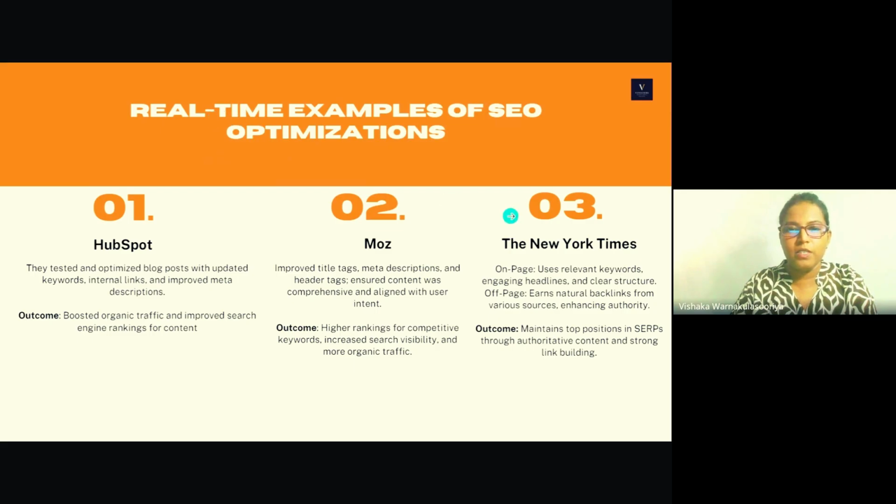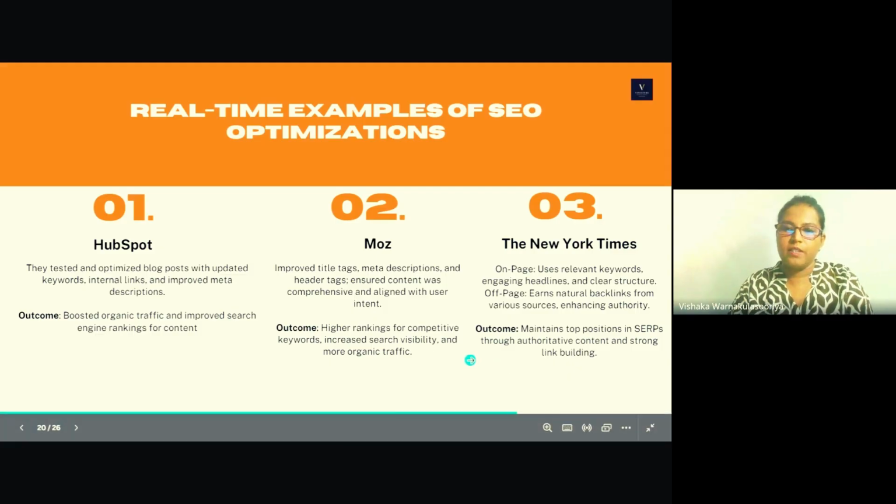Most improved their title tags, meta descriptions, and header tags, and ensured that content is up to date and comprehensive, aligned with the visitors' intentions. So they also keep higher rankings for competitive keywords, and they gain more organic traffic.